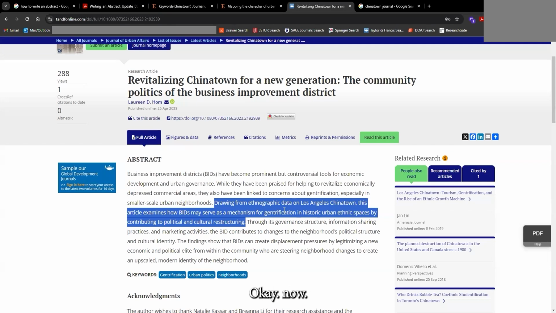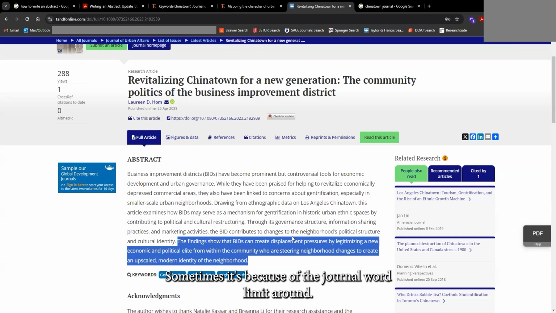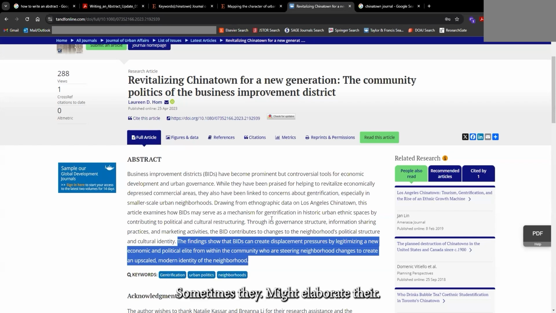Okay, now we can also see that it tells you the findings straight away, but it doesn't quite tell you an implication, which is fine because people do different things. Sometimes it's because of the journal word limit for the abstract. Sometimes they may elaborate their implications in the actual article.